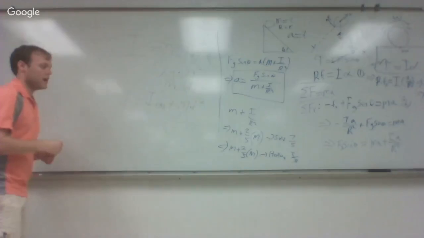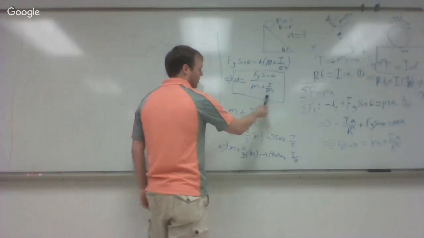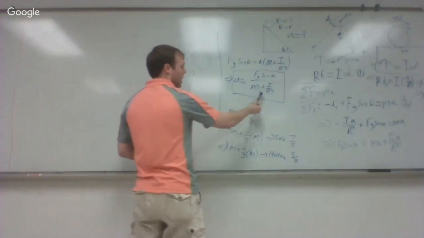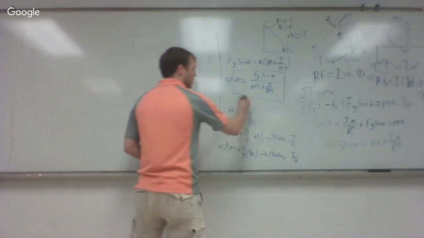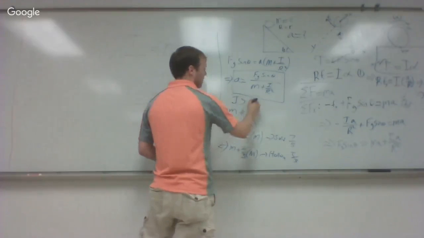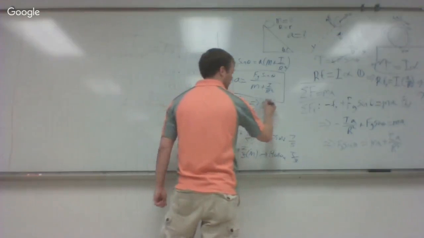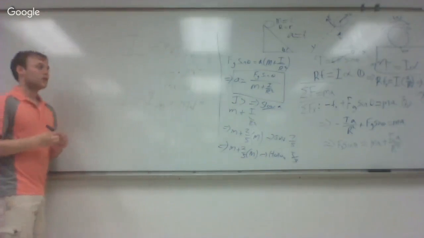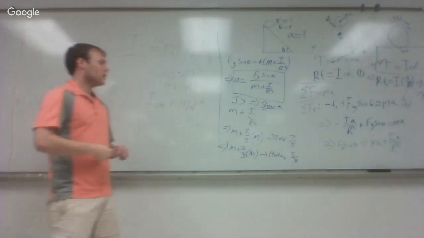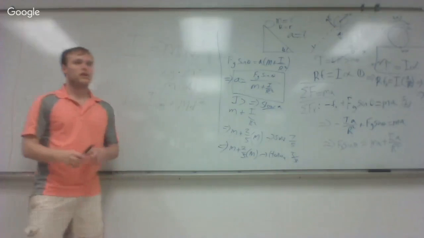Whichever one is greater is going to make the denominator larger, obviously. So the larger the denominator, the smaller the acceleration. So the greater the inertia, I get a smaller acceleration. All right? So that's that relationship here: the greater the inertia, the smaller the acceleration.